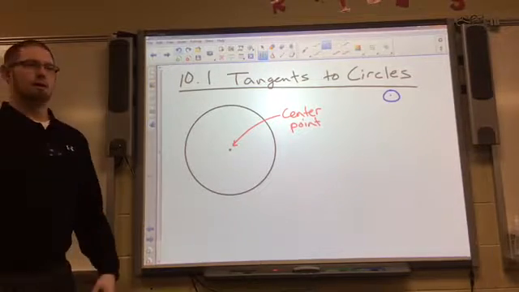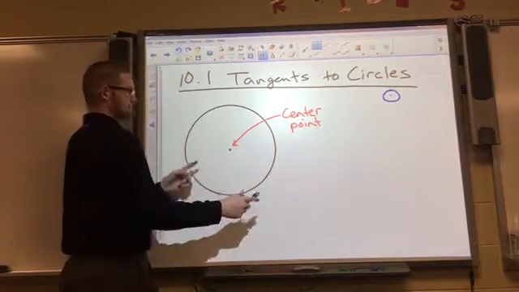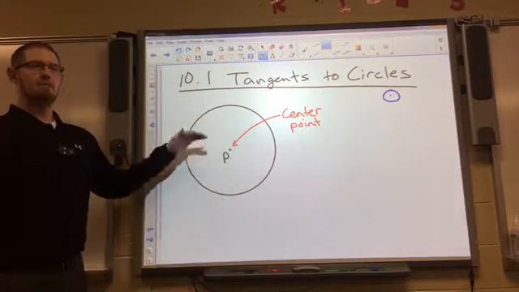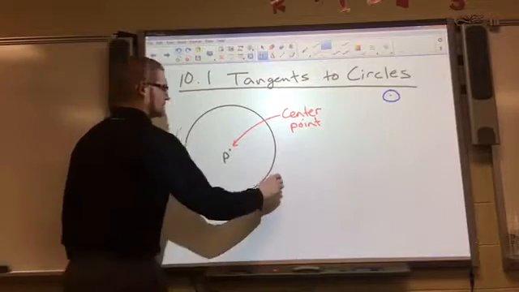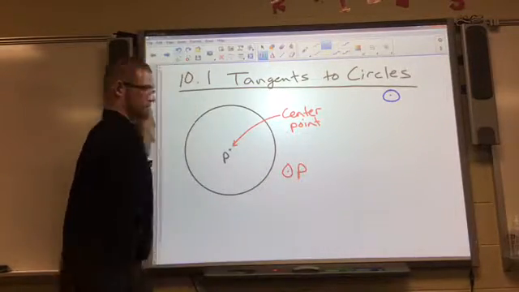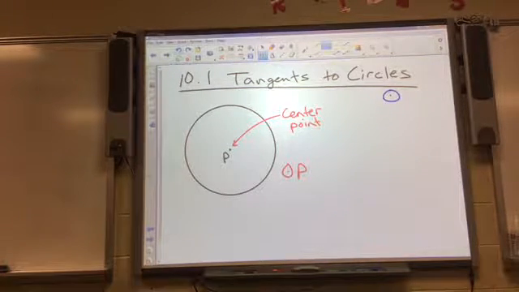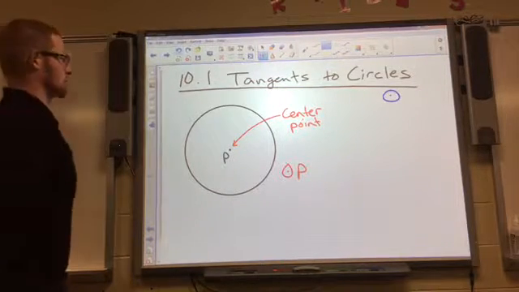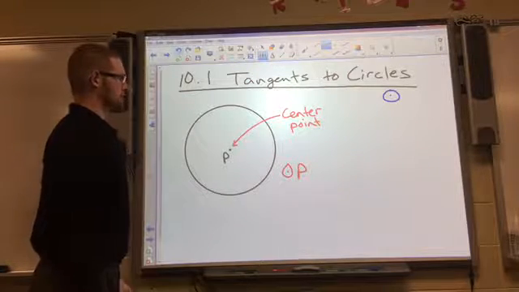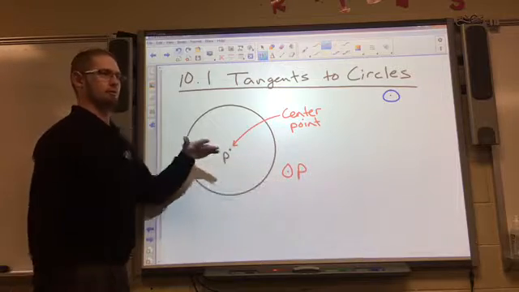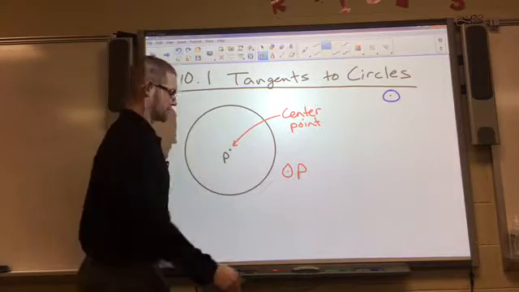Now the part that you might not know is if that center point is called point P, the name of this circle is circle P. I'm guessing you would have figured that out pretty quickly, right? That's not a difficult concept for us. So center point, if it's point P, it's circle P. If it's point Z, it's circle Z, whatever it be.